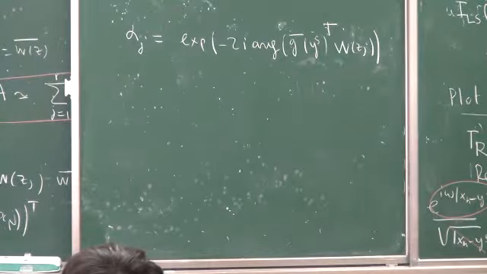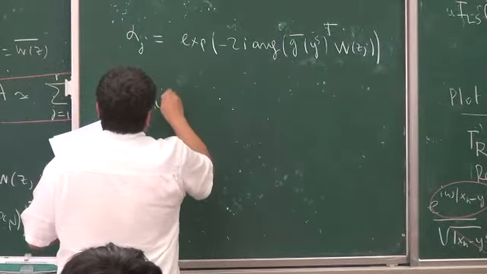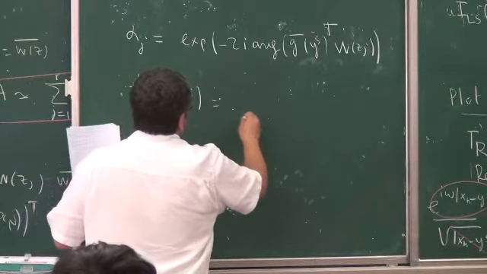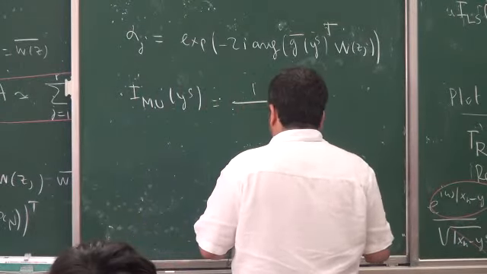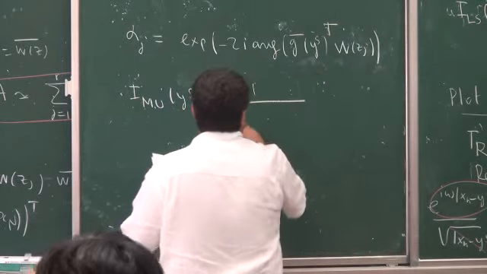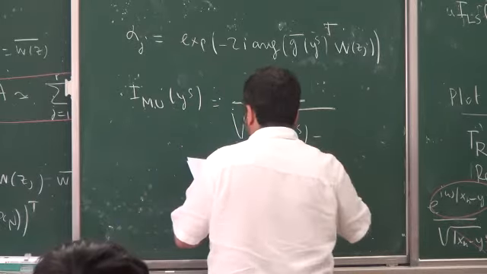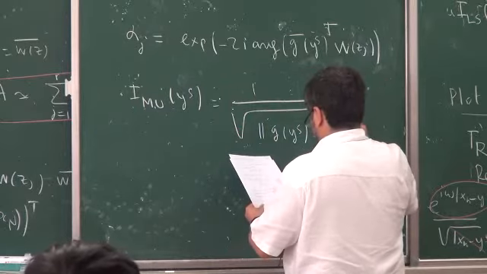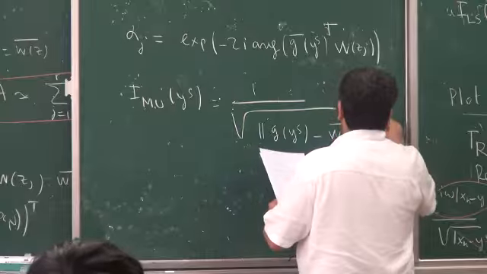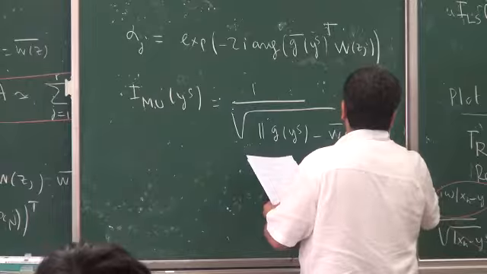But if you do the computation, it's nothing else than 1 over the square root of the Green function at YS minus its projection on W G transpose bar G YS W G.